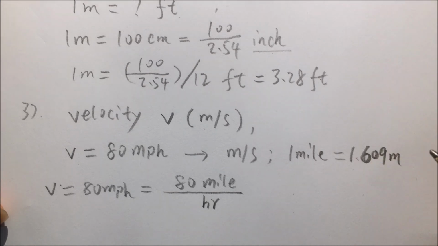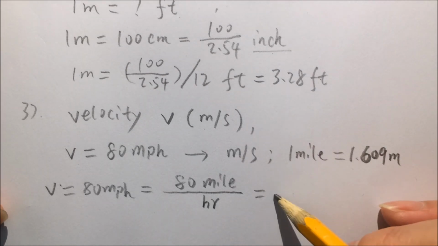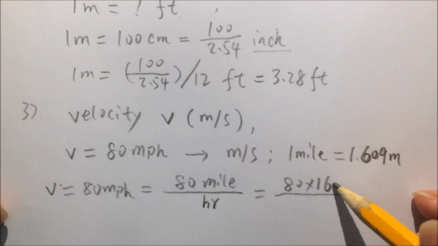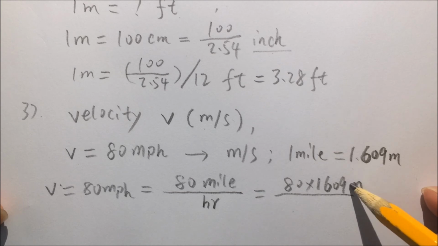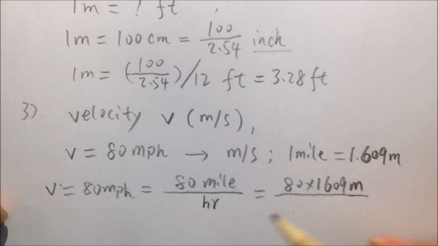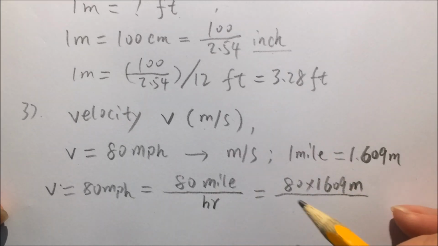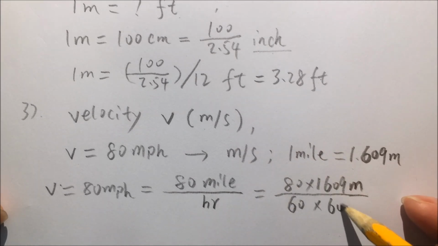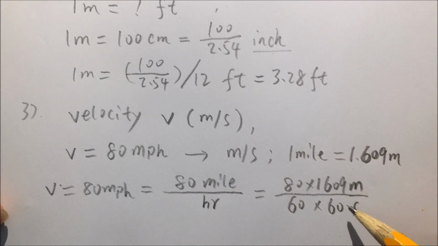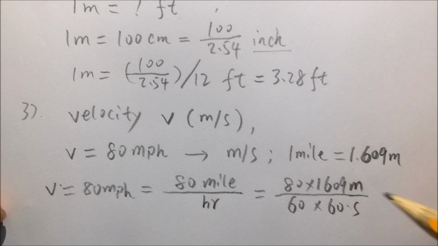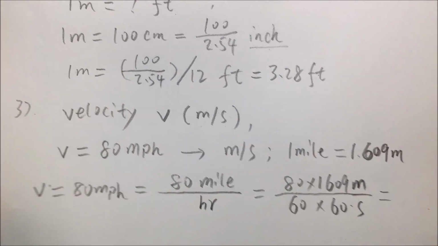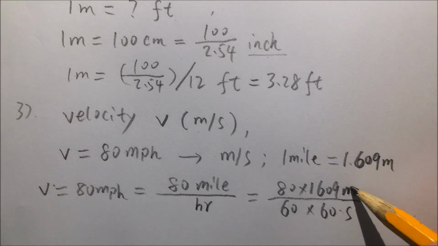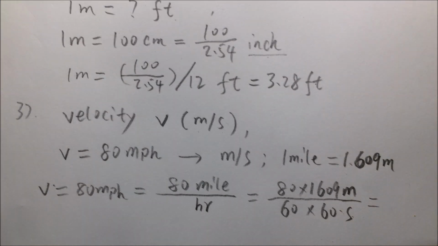So in that case, you're going to have 80 times 1,609 meter divided by 1 hour. You know, 1 hour is 60 minutes. Each minute is 60 seconds. Then you got that much of seconds. Then you do that calculation. You'll be able to get how many meter per second.